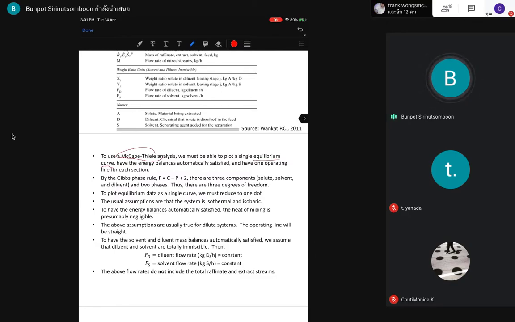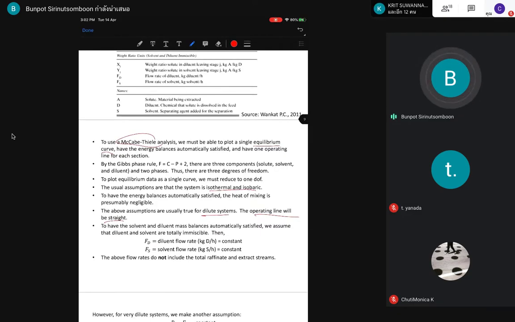We assume isothermal and isobaric, so we don't care about energy balance. Usually when these assumptions are true for a dilute system, our operating line will also be straight.